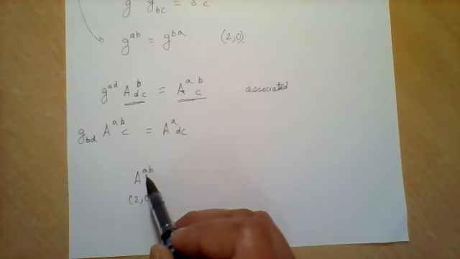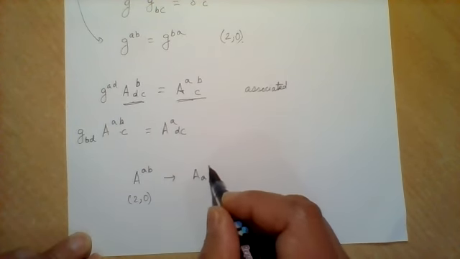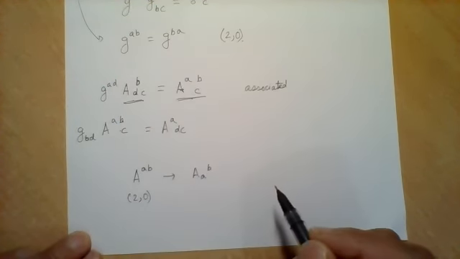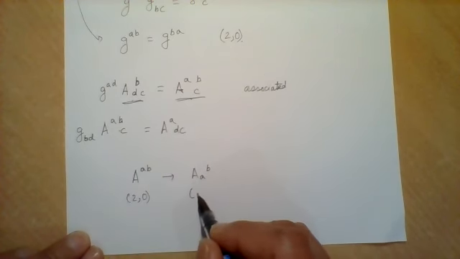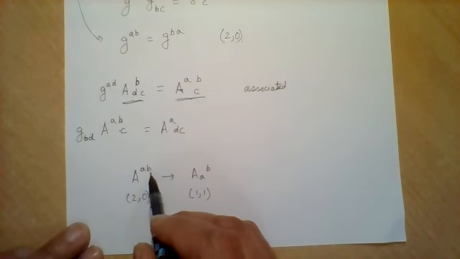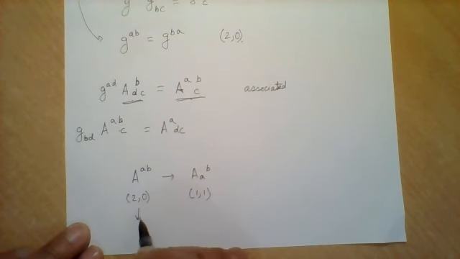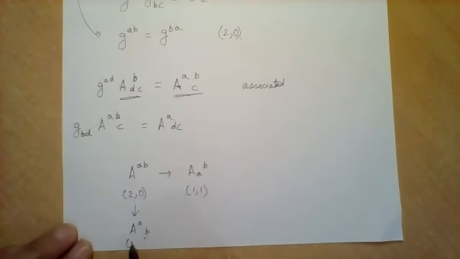If I lower the first index, this is a tensor of type 1,1. I can also lower the second index, and this is also of type 1,1.